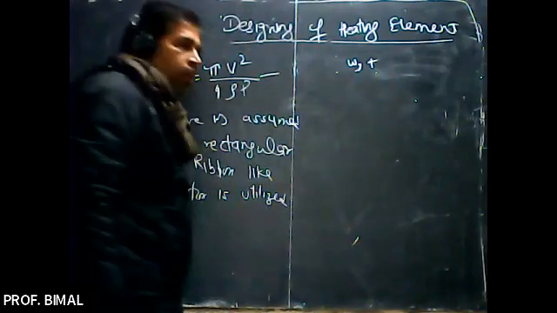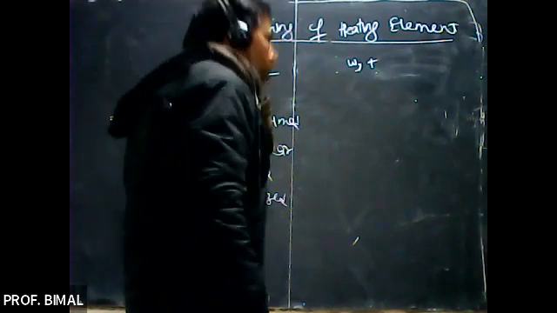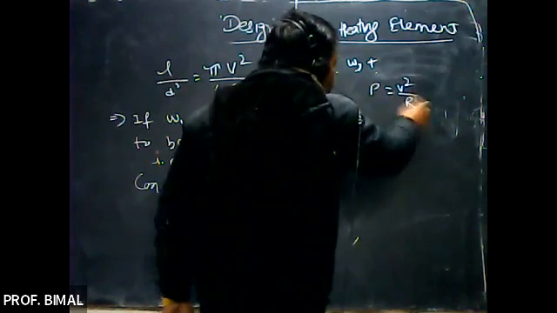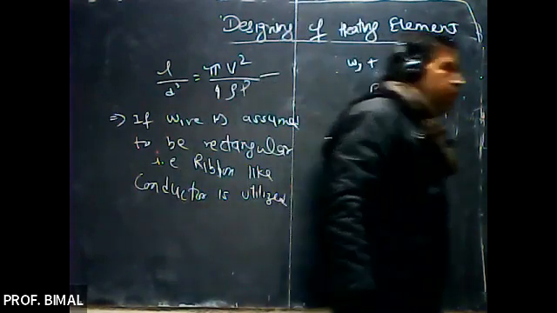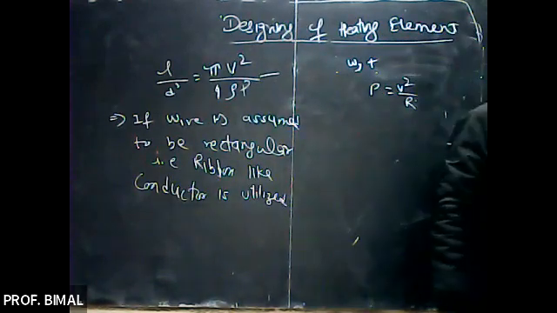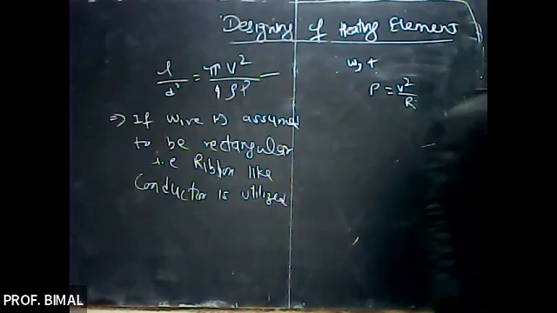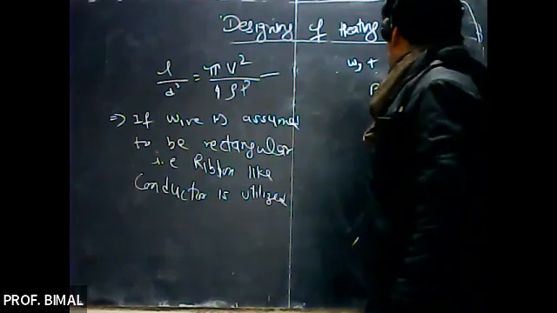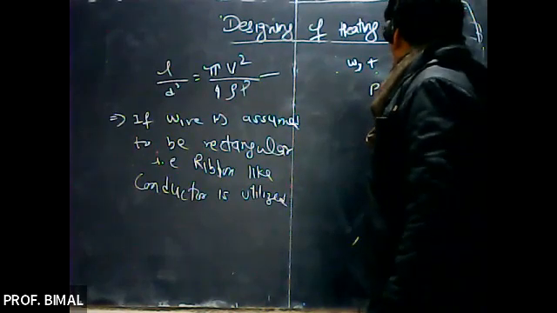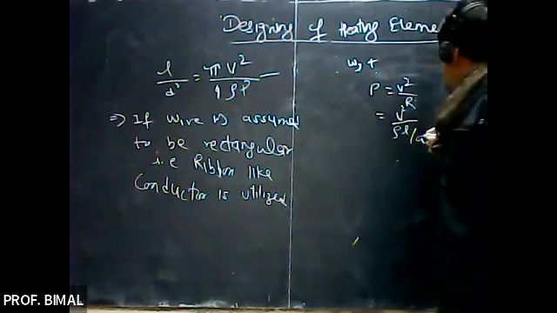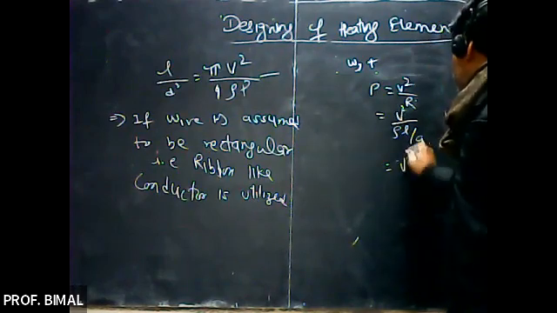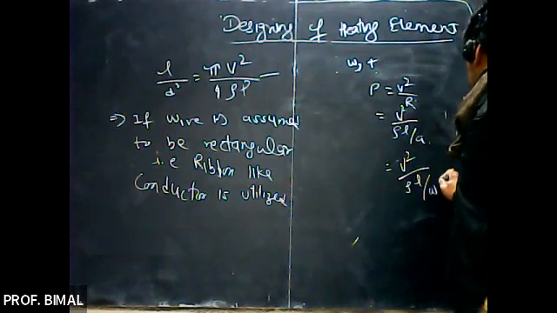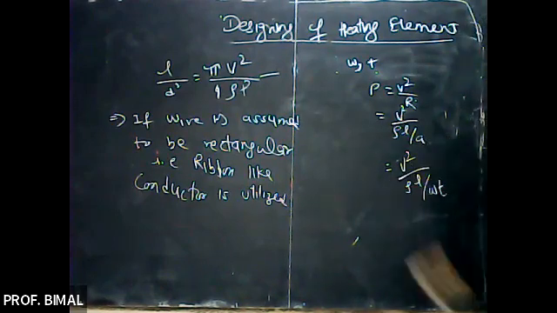thickness of the conductor. Then your relation will be like P is equal to V square upon R, right? P is equal to electrical input, P is equal to V square upon R. Now this will be V square upon rho L over A, and here this area will be W into T, width into thickness.